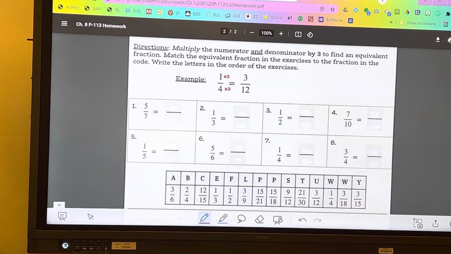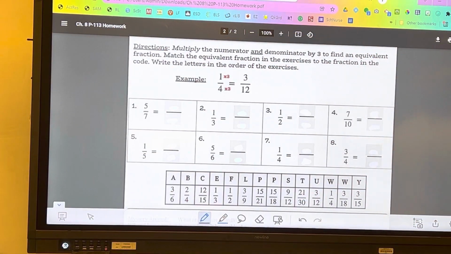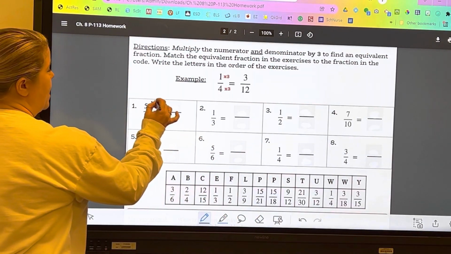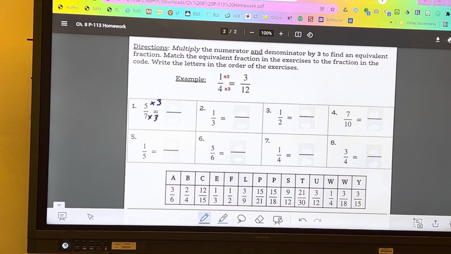If they did it on 1 or 2, still put that sad face, because Miss Moore said she wanted it on all of them. You just put it at the top of the page, because that just means that they didn't do what I asked them to do. You're good. All right, so 5/7. I had to multiply 5 by 3 and 7 by 3. So 5/7 is equivalent to what?